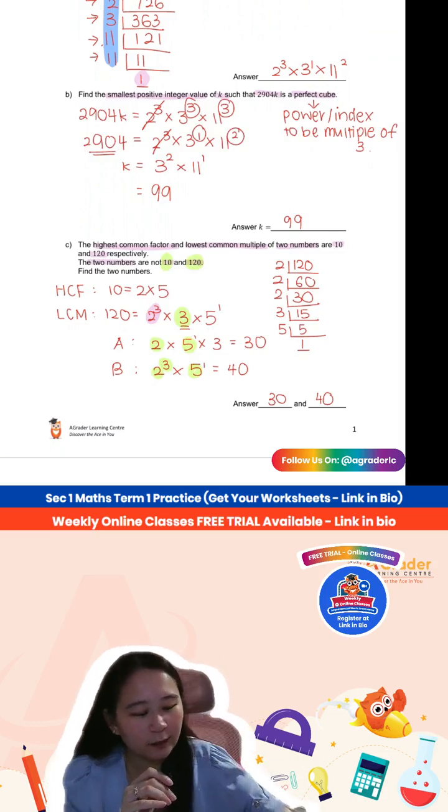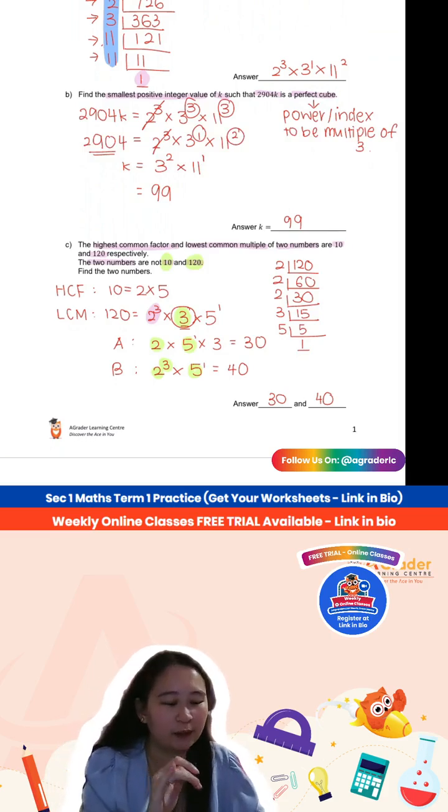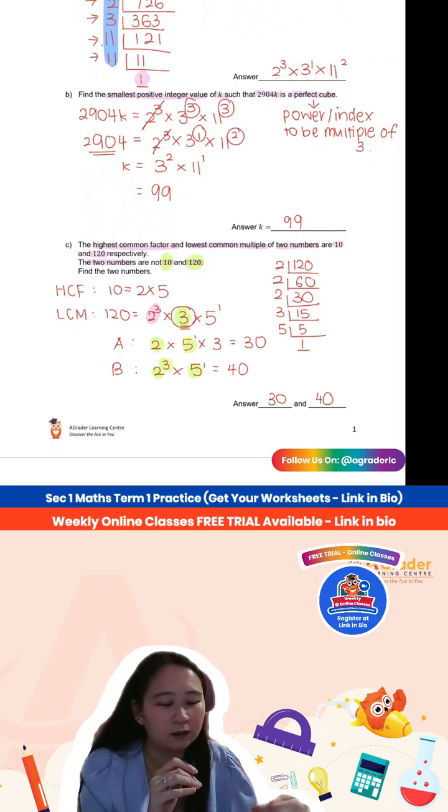Okay, so now what my LCM is lacking is the prime factor of 3. It must come from either A or B, as it is not in my highest common factor. So is it better to put this factor 3 in A or in B?